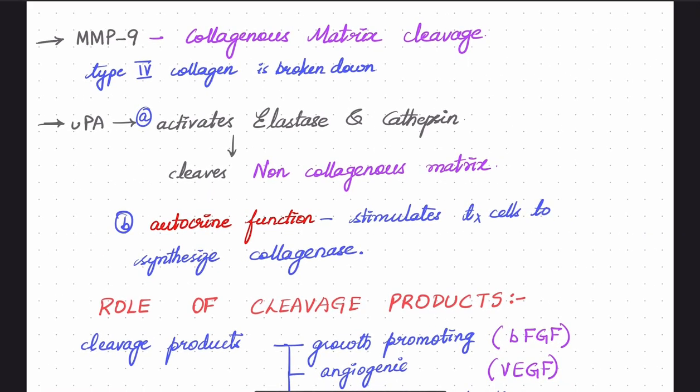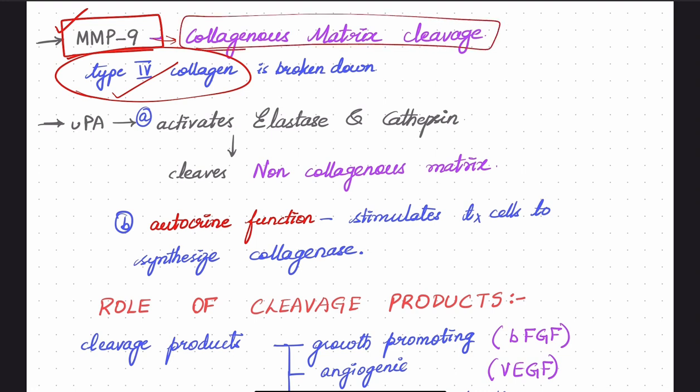Particular importance is given to MMP9, matrix metalloproteinase 9, because it breaks down type 4 collagen. ECM is made up of type 4 collagen also. One of the components of ECM is type 4 collagen. It is broken down. Hence, MMP has a role in collagenous matrix cleavage.